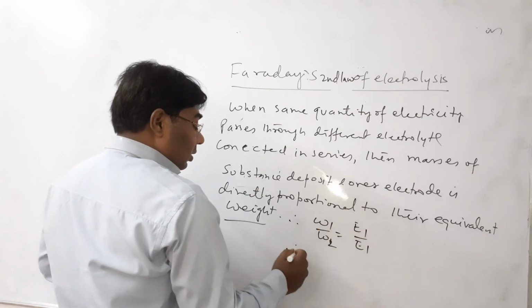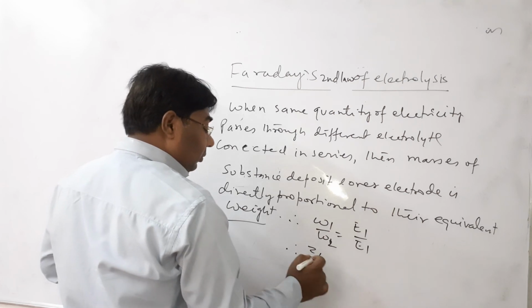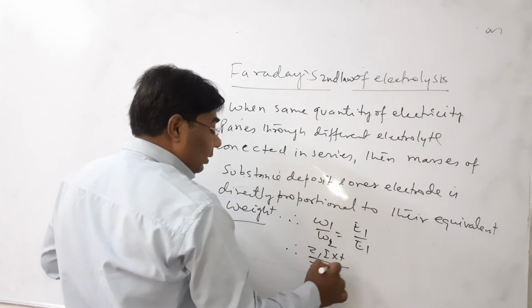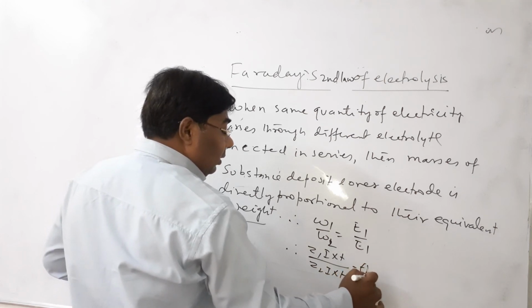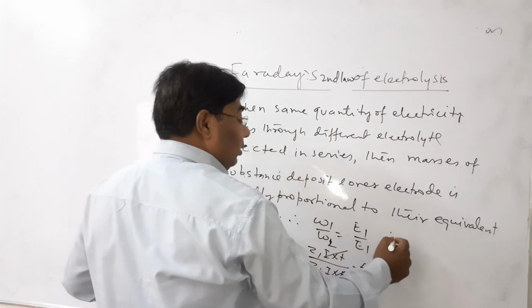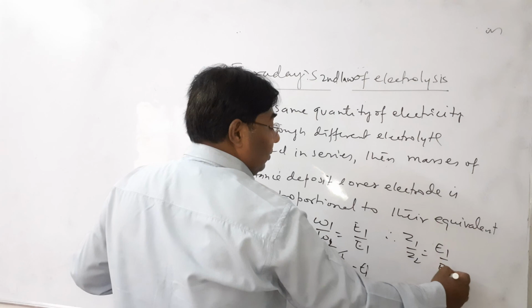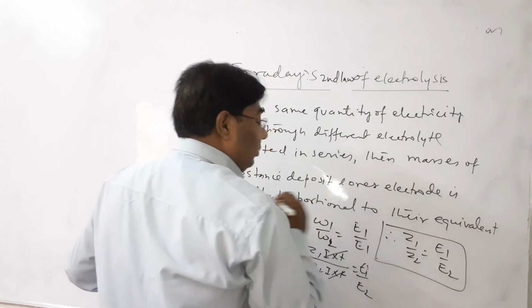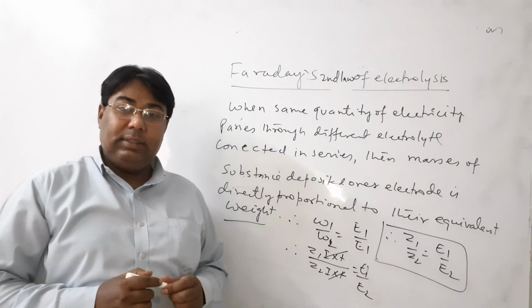Now Z1 into I into T by Z2 into I into T is equal to E1 by E2. IT cancels, then Z1 by Z2 is equal to E1 by E2. This is Faraday's second law of electrolysis.